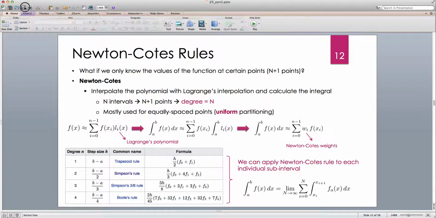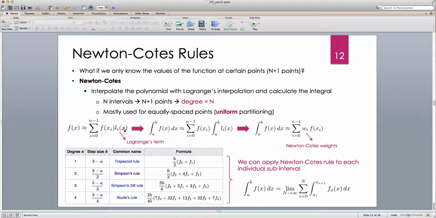Basically the Lagrange polynomial is the sum of the values of the function times the Lagrange term, right? So the whole summation is called the Lagrange polynomial, but each term here, Li, is a Lagrange term, for example.